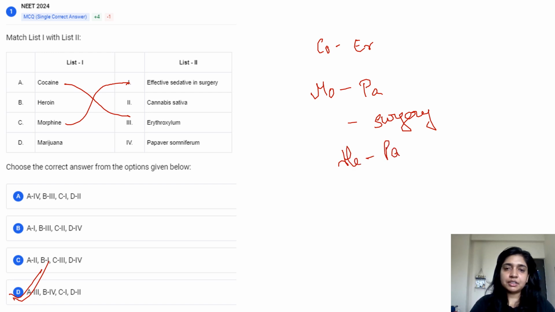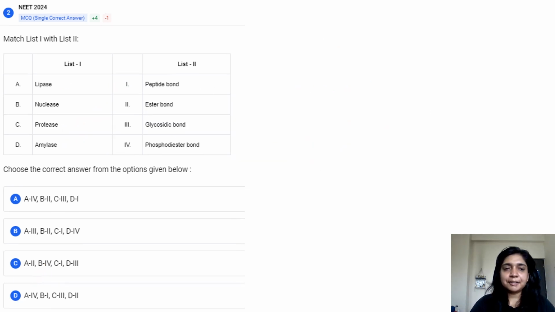MOPA, HEPA, these both come from papaver. So heroin will go with papaver, B4. Yes, it's matching. And the last one, marijuana, will go with cannabis. Marijuana, cannabis. Alright, let's move ahead.